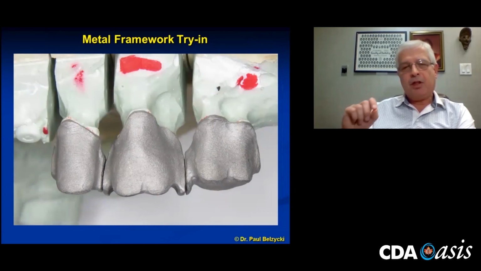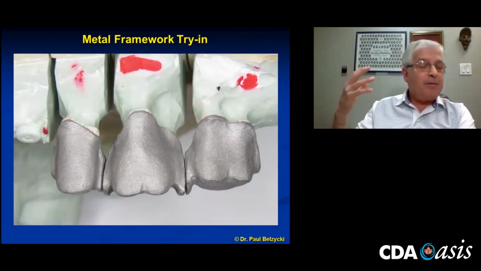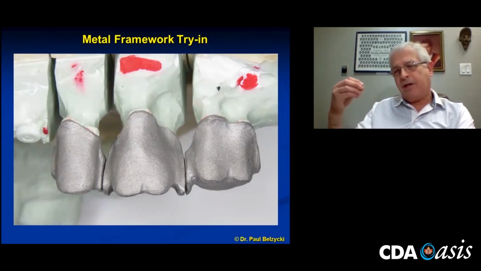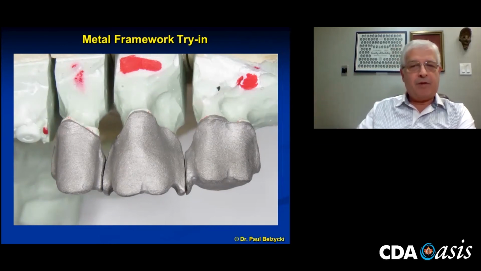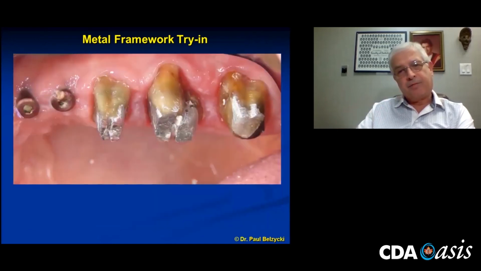Is there a jiggle? Is there a wiggle? Is there a rock? I want to know, because we can make errors. We're human. Whether it's a lab technician working with wax or somebody fiddling with a computer, there are inherent errors in every system. So the final arbiter of what is correct is in the patient's mouth.